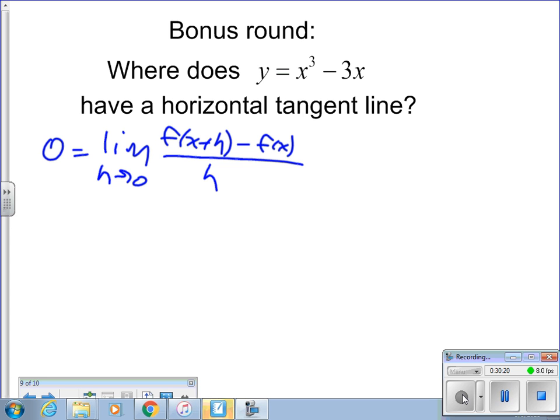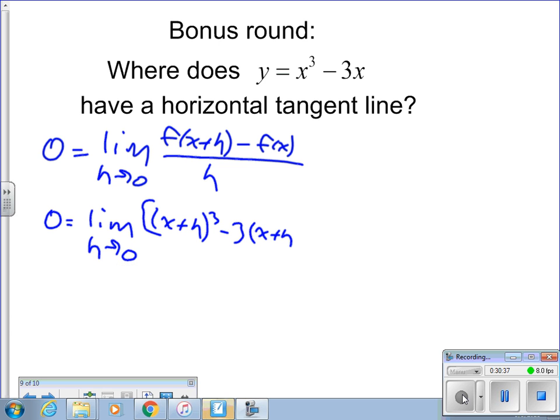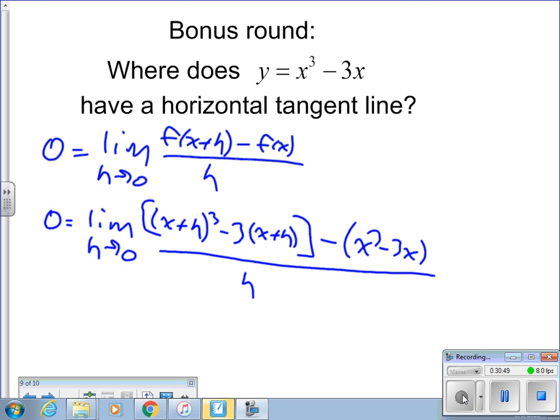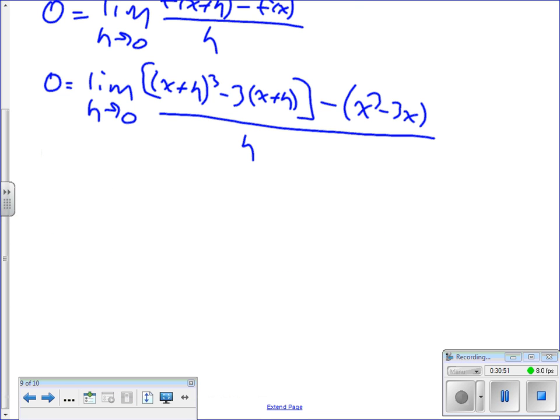That's what it's asking. So 0 equals the limit as h approaches 0 of x plus h cubed minus 3 times x plus h minus x cubed minus 3x all over h. 0 equals the limit as h approaches 0 using binomial expansion.